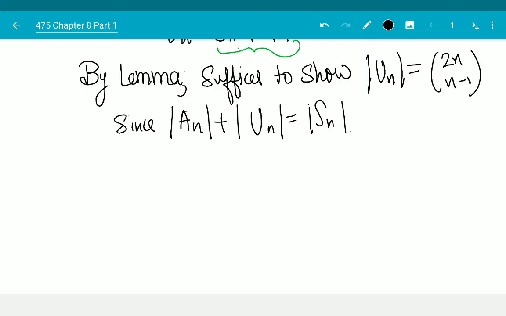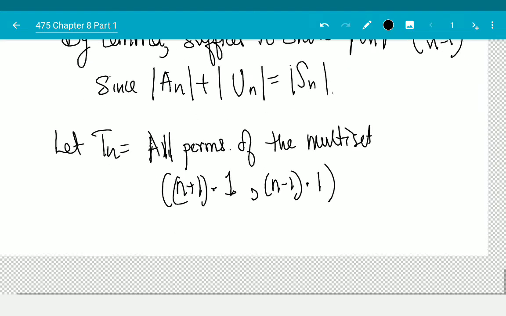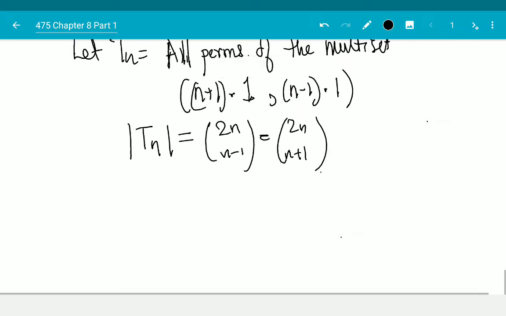Let me define another set. Let T_n be the set of all permutations of the multiset n plus 1 times 1 and n minus 1 times -1. Then it is easy to see the cardinality of T_n is 2n choose n minus 1, which is equal to 2n choose n plus 1, whatever floats your boat, choose that one.